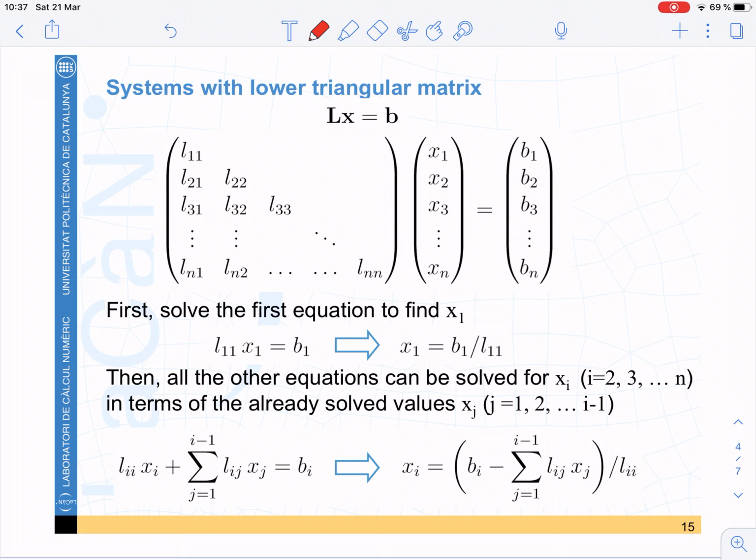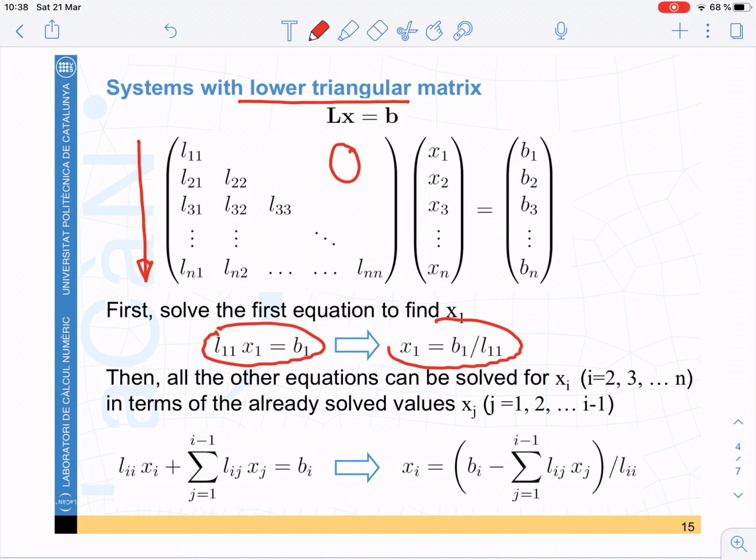It is also rather simple to solve a system with a lower triangular matrix L with 0 entries in the upper triangle. These systems may be solved starting from the first equation and going down. Indeed, the first equation involves only one unknown, x1, which can be computed by performing a division.